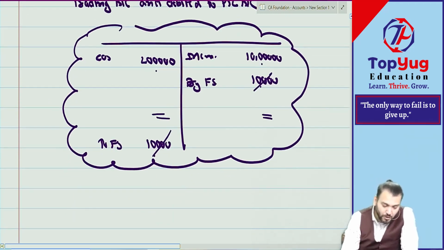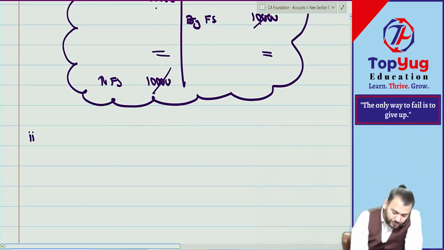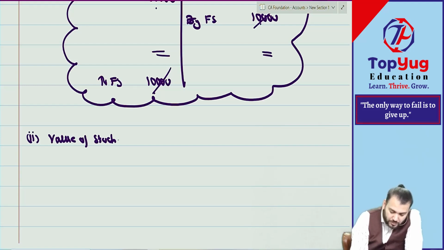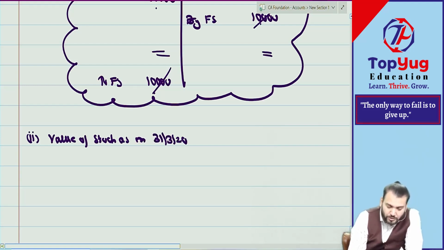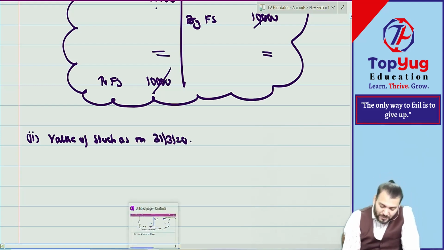Now let us find out the value of stock. Point number 2: value of stock as on 31st March 2020. How much value of stock is given?